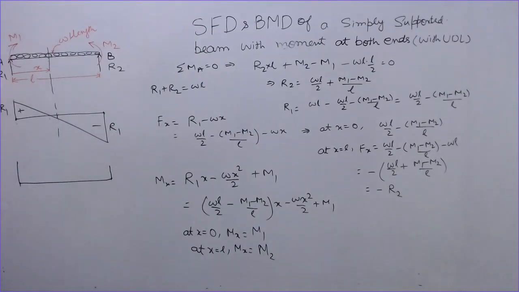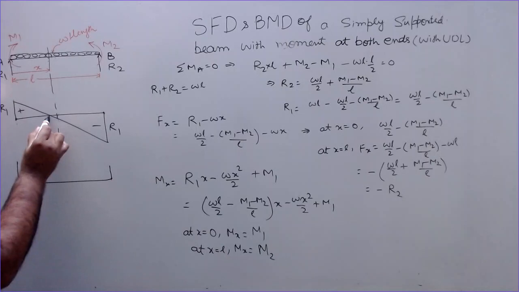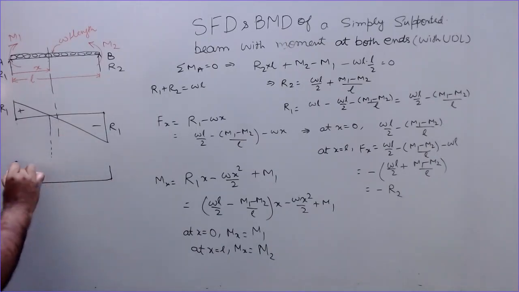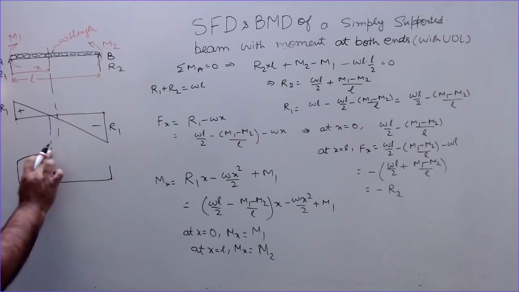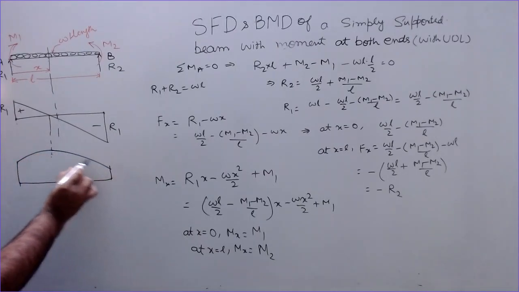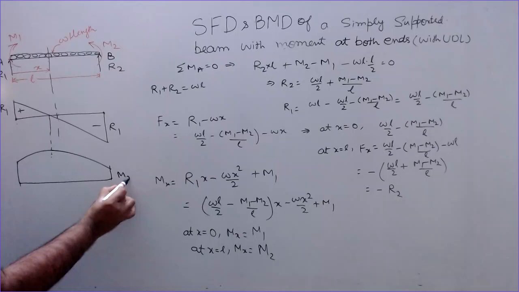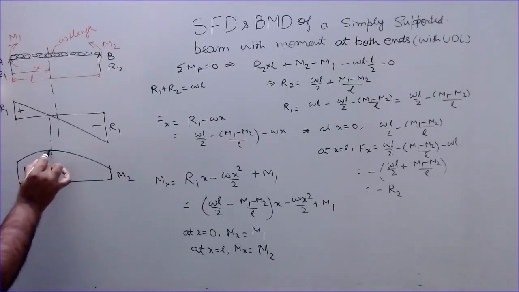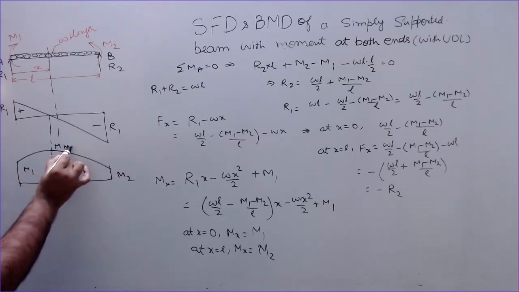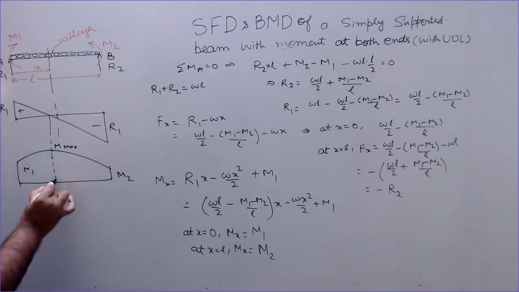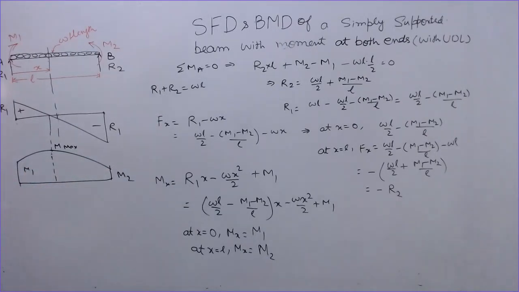And it is maximum where the shear force is 0. So at this point, here we have M2, this is M1, and this is M maximum. You can calculate the value of the maximum bending moment. How will you calculate?